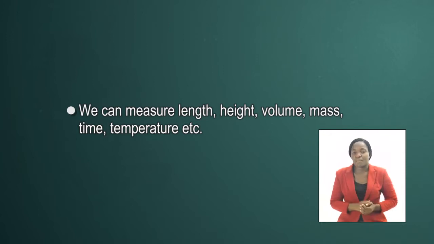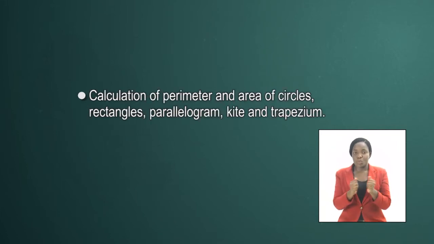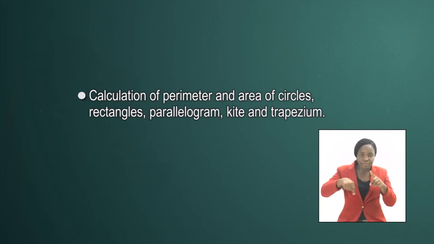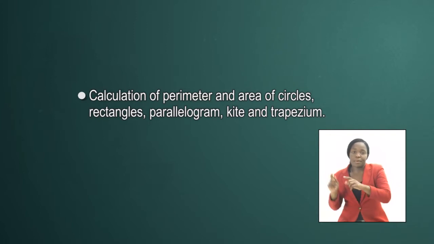But in this series, we have been concerned mostly with perimeter and area, how to calculate the values using formulae, and doing those calculations to determine the distance around and the area inside of various shapes. We looked at circles and at quadrilaterals like the rectangle, the parallelogram, kite, and the trapezium.